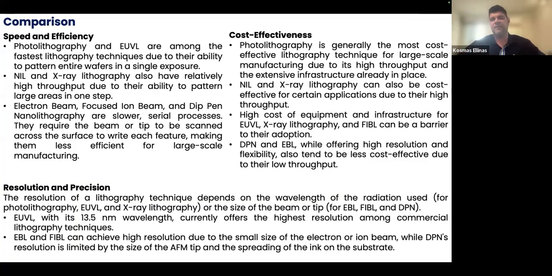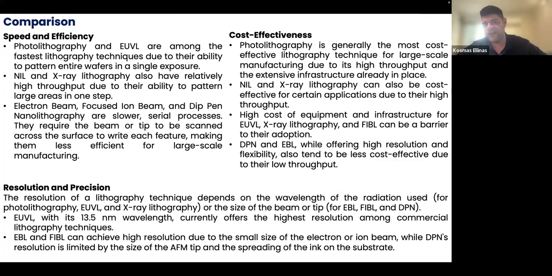So let's compare this first part of lithography techniques. Of course, photolithography and extreme ultraviolet lithography are the fastest types of lithography, and they are commonly used for the production of all the electronic devices we use every day.